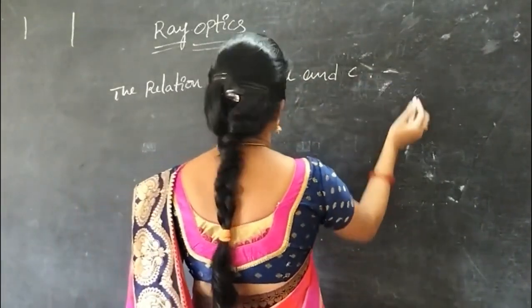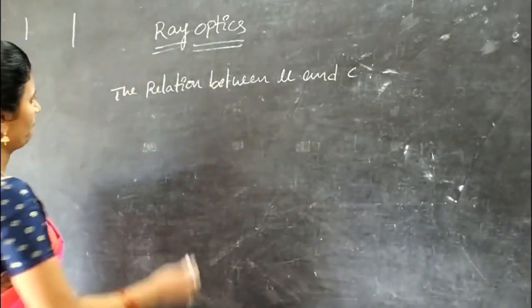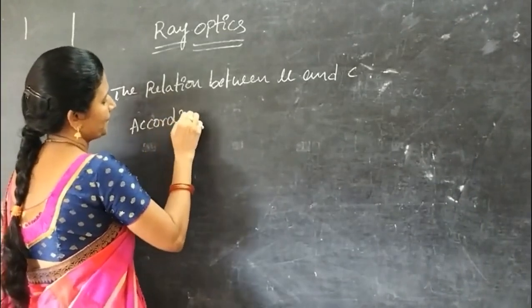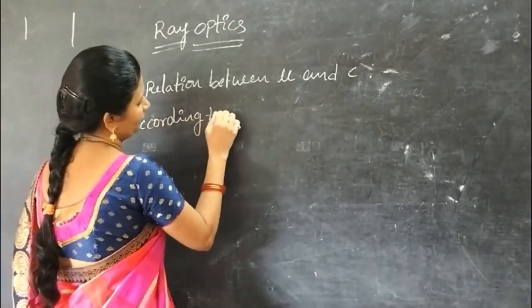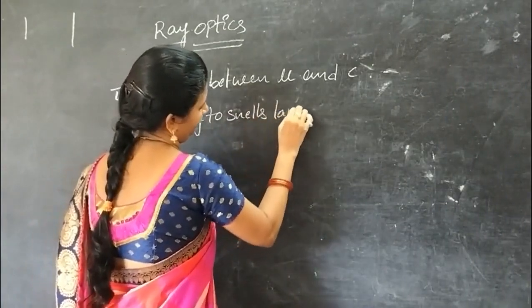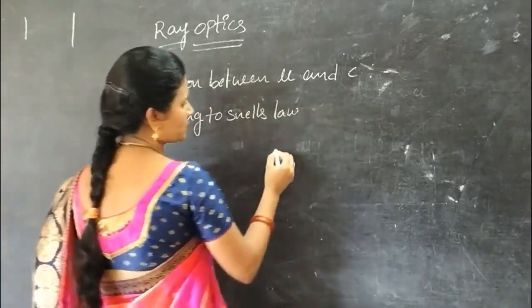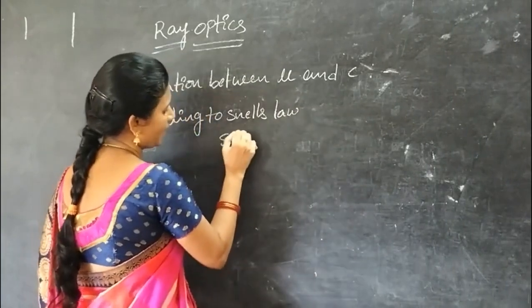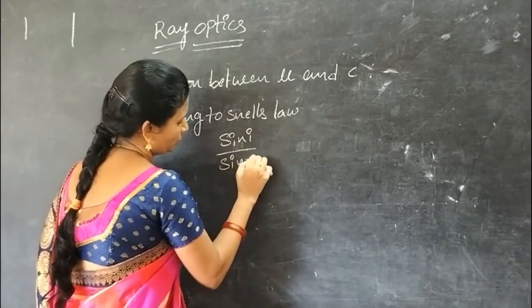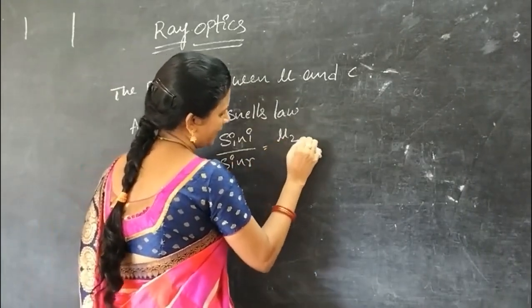Okay. So according to Snell's law, what is Snell's law? According to Snell's law, sin I by sin R is equals to mu 2 by mu 1.